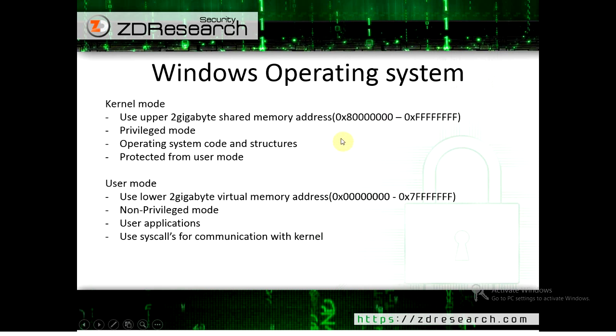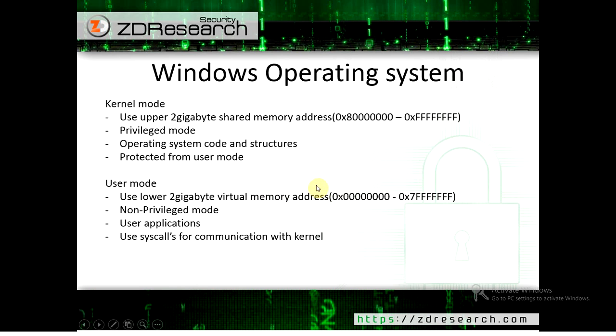So user mode programs cannot harm the system or do bad things to the internal operating system by default. They cannot directly modify the file system and such things. And we have another mode, user mode. User mode uses the lower 2 GB virtual memory address.